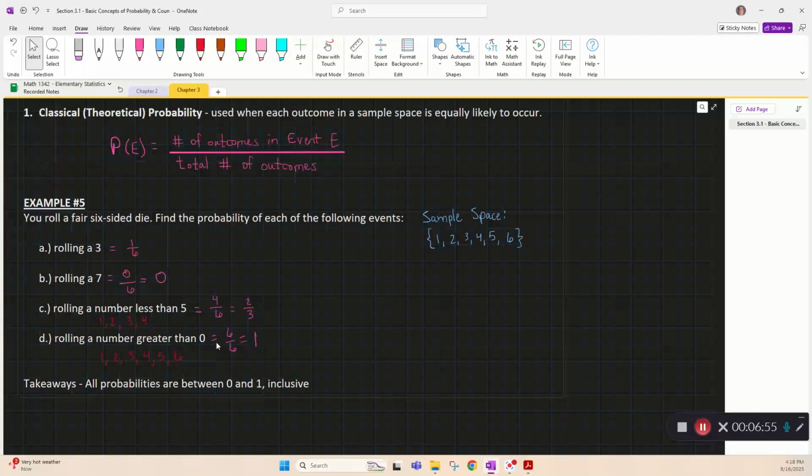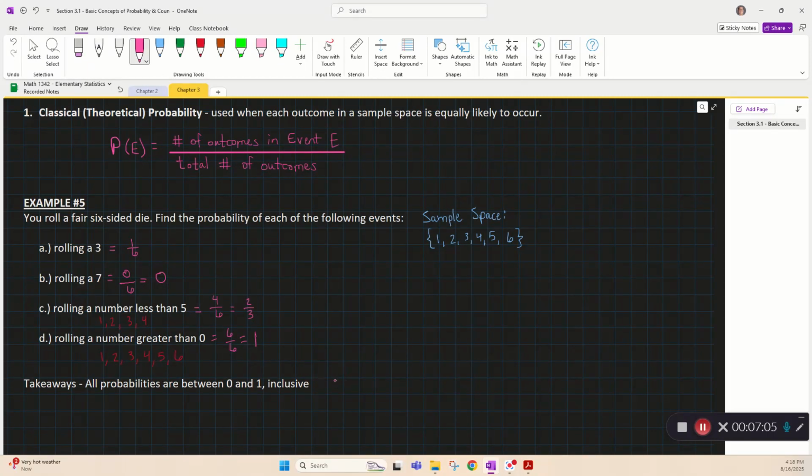If you wanted to put that in math symbols, we could say that probabilities have to be between 0 and 1. So 0 is less than or equal to the probability of E, which is less than or equal to 1. That's always going to be the case.